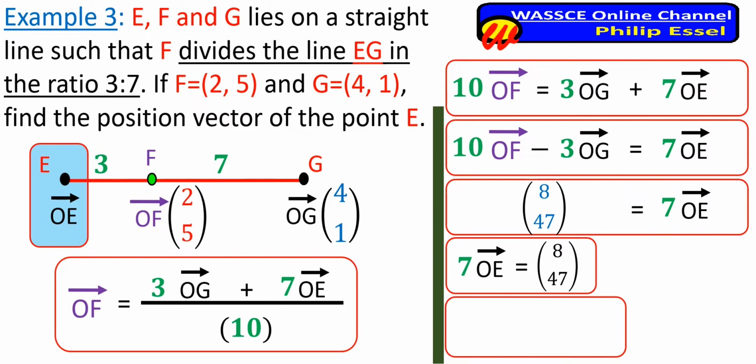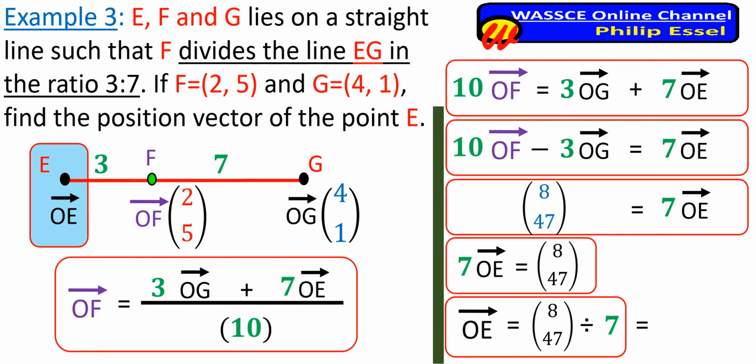At this point, if we want the position vector OE, all we need to do is to divide through the equation by the number 7. When we do this, our vector OE will be equals to the vector 8, 47 divided by 7.